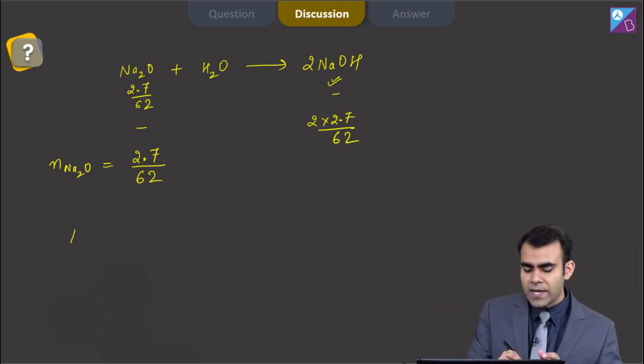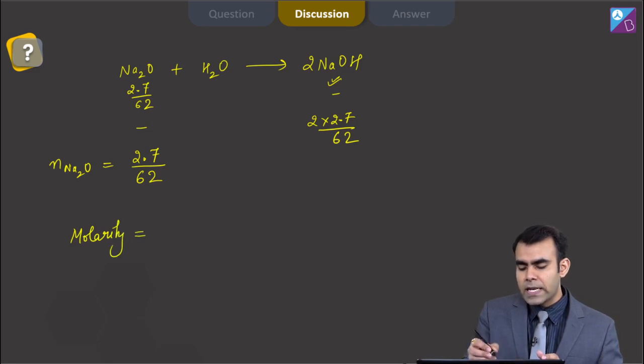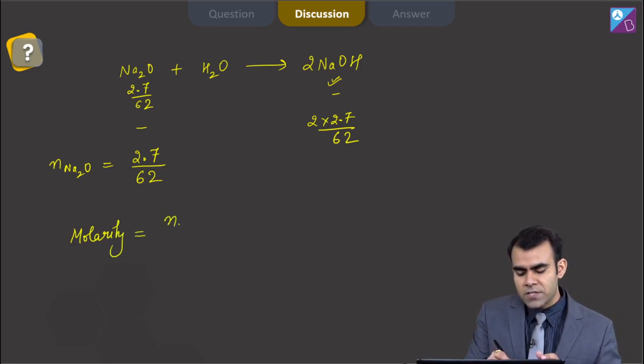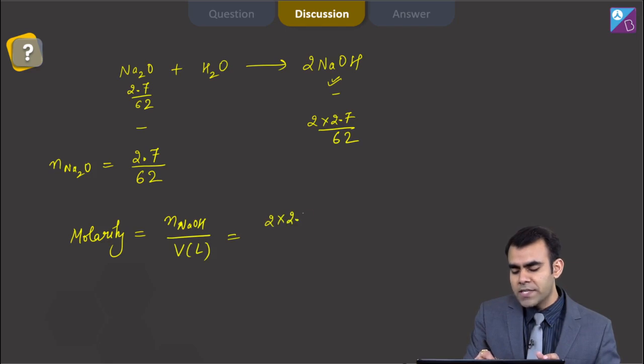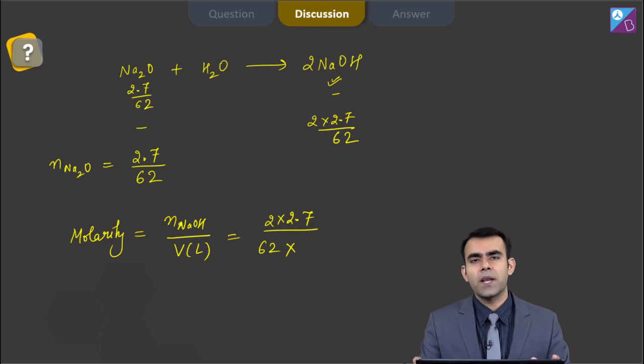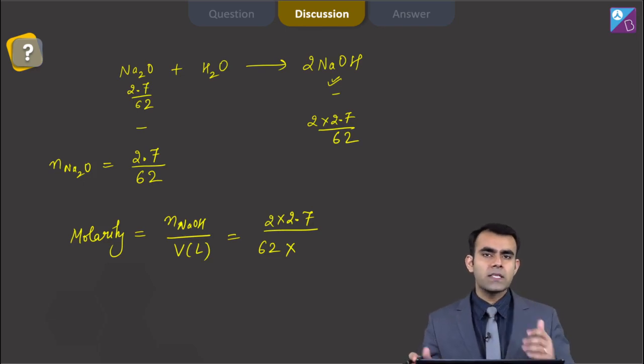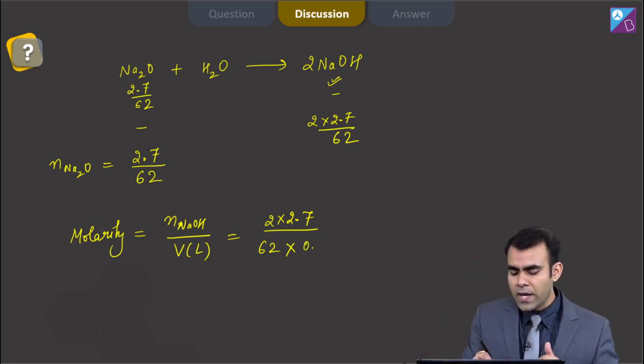Now what is molarity? Molarity is simply number of moles of NaOH divided by volume of solution in liter. Now moles is 2 into 2.7 divided by 62 and volume is 200 ml. Now if volume is 200 ml, in liter it will be 0.2.